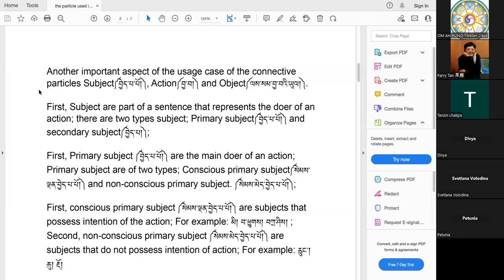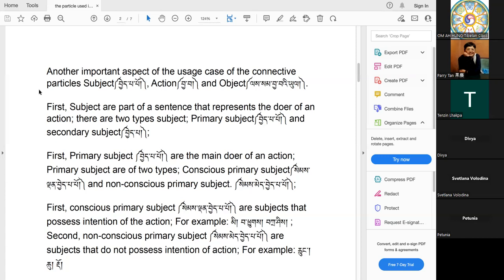Okay, so now we begin. Another important aspect of the usage case of connective particles is understanding the subject, chebapo, which is the doer of the action. Then we have the action, which is chawa.